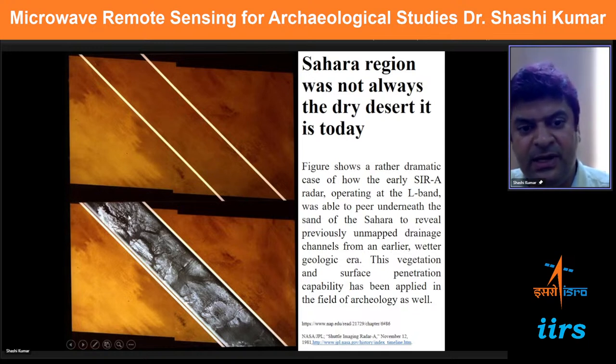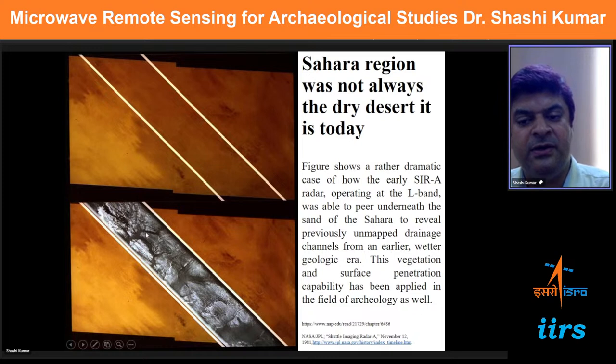The electromagnetic waves are interacting with the subsurface features, because microwaves are not only interacting with the surface. Since it is dry, they are penetrating the surface and interacting with the subsurface.